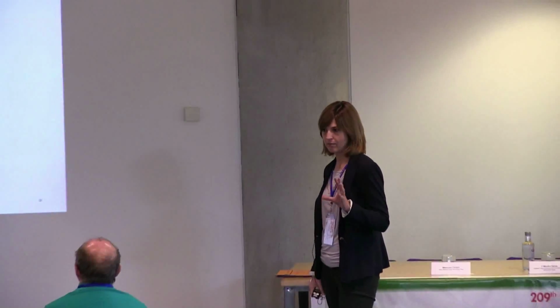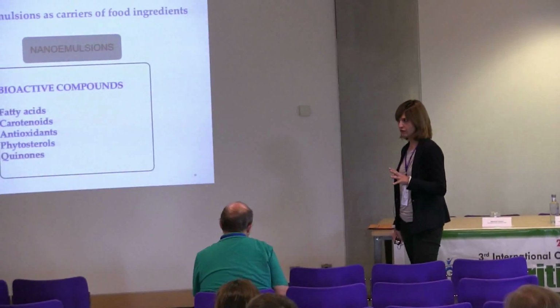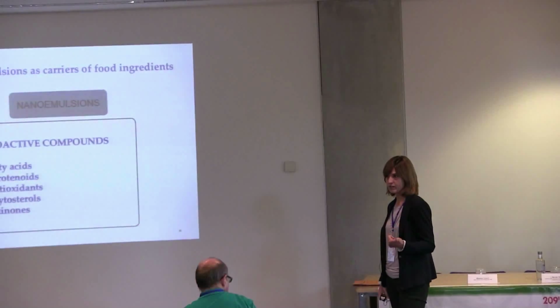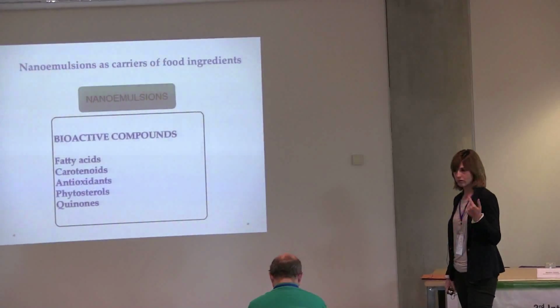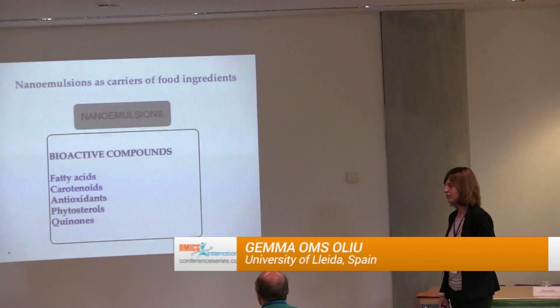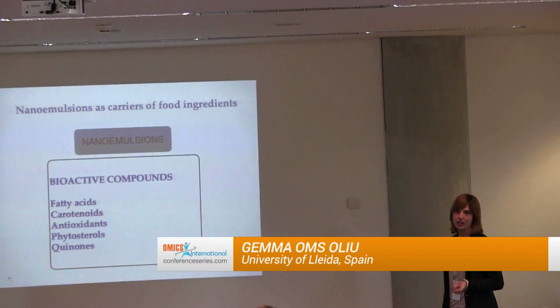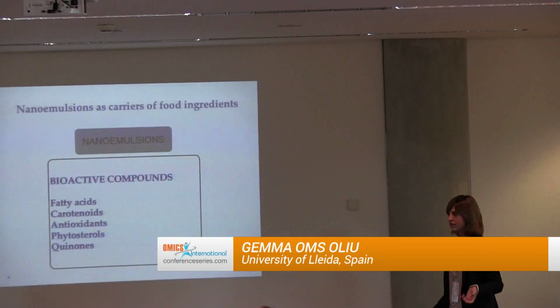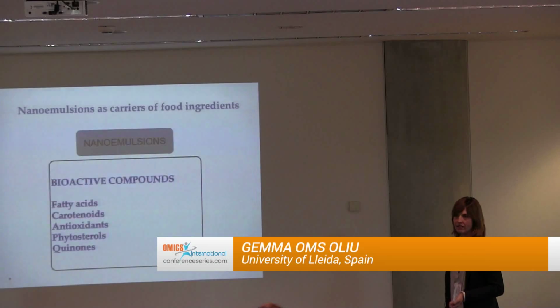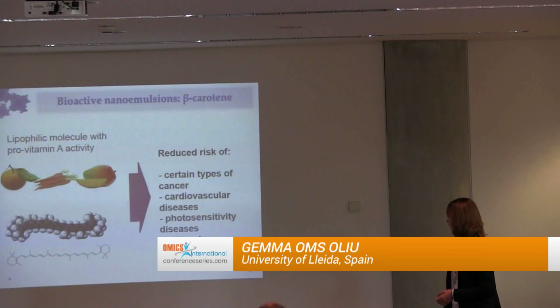These compounds generally have some difficulties to be introduced in food matrices because of the low water solubility, because they can be easily oxidized, because the viability of these compounds is quite low in food matrices. So this is where nanoemulsions can improve the incorporation.